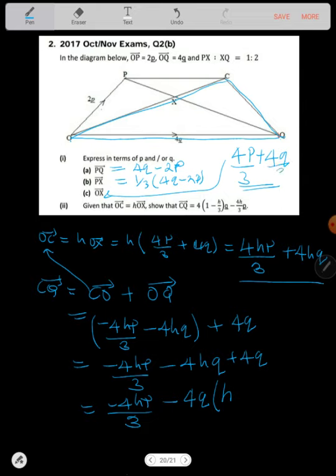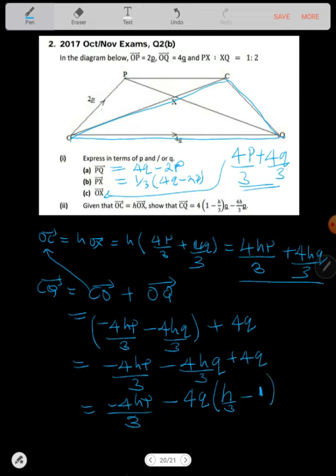When I remove 4Q here, I remain with H. Sorry, it's supposed to be like that; one of these was supposed to have an H there. Then when you factorize here, you just remain with 1.